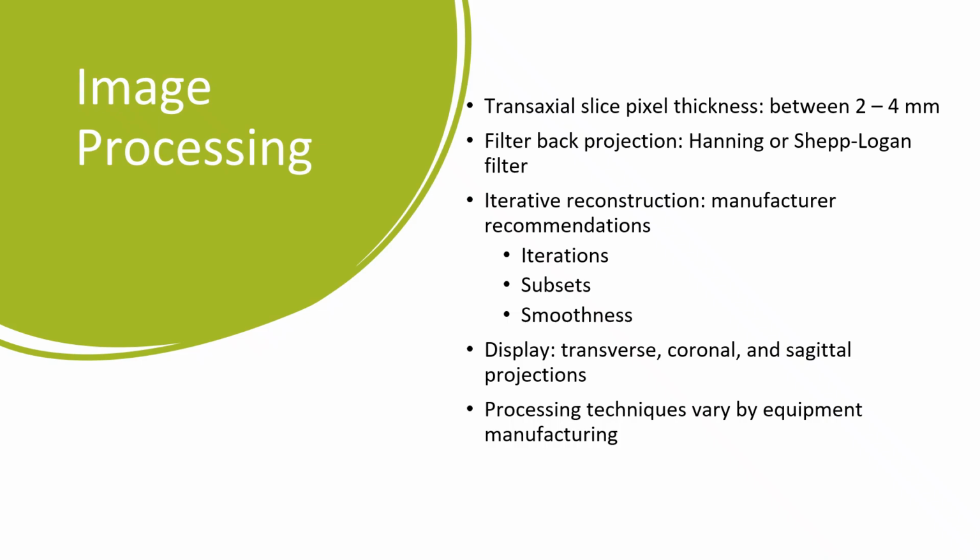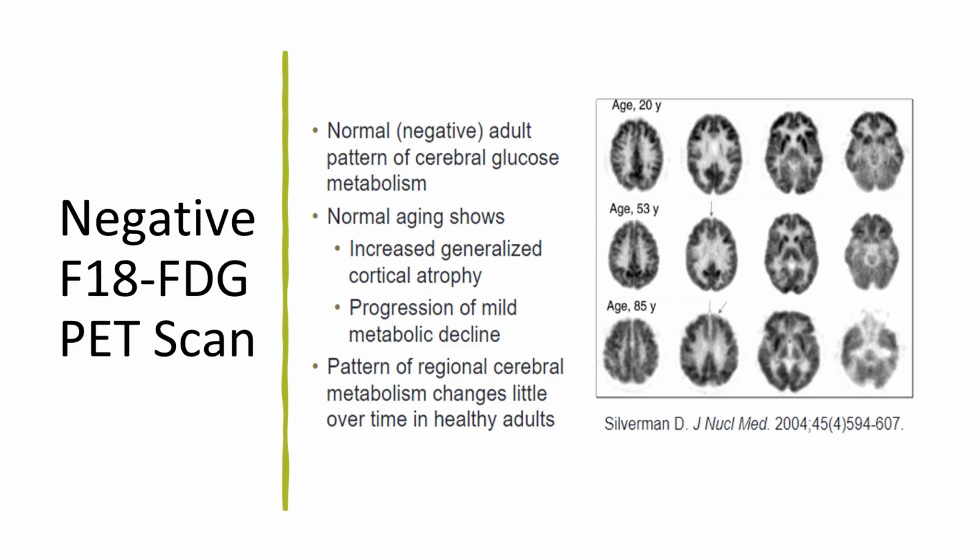The brain will be displayed in transverse, coronal and sagittal planes, and then processing techniques will vary slightly by equipment as well. So this is a normal study. You will see that there is regional cerebral metabolism. You'll see that there is a lot of gray matter, not a lot of white matter, and you want to look for symmetry.